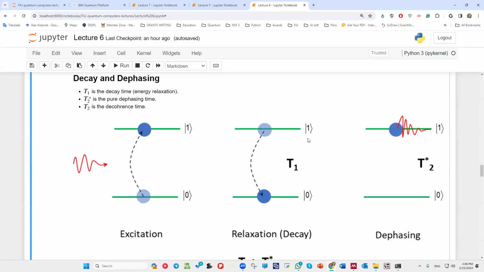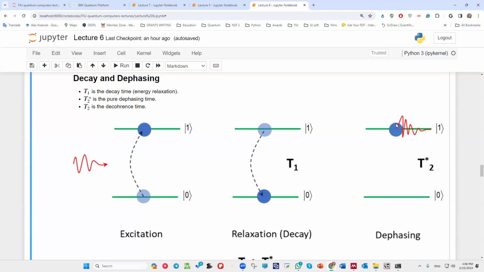So this is one important effect here. Another effect is so-called dephasing. So let us consider the system right after excitation. So we excited the system, it jumps to the excited state. For example, electron transits to the state 1.